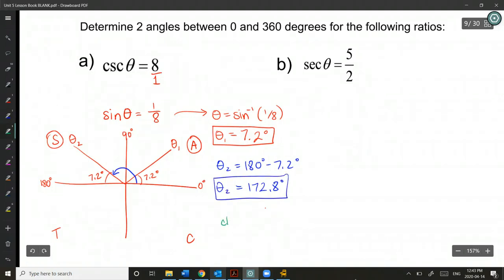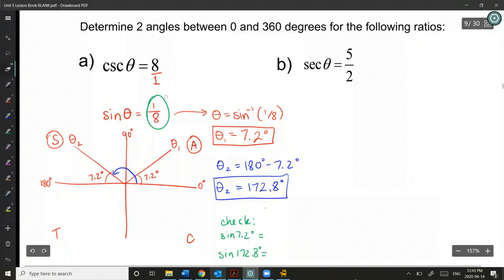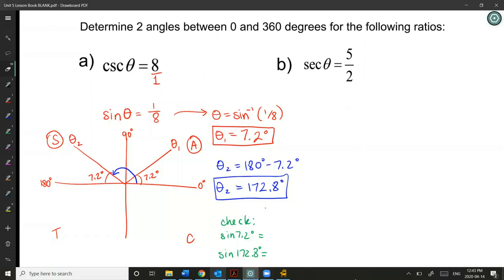Let's do a little check in your calculator. The fraction 1/8 is equal to 0.125. So if I check the sine of 7.2 degrees and the sine of 172.8, it should give me back this value, 0.125. Let's just check it. It's going to be off a little bit because we rounded, but this is approximately equal to 0.12533.